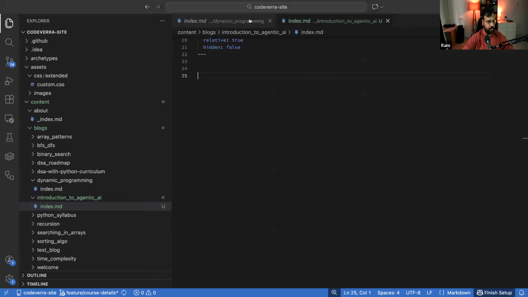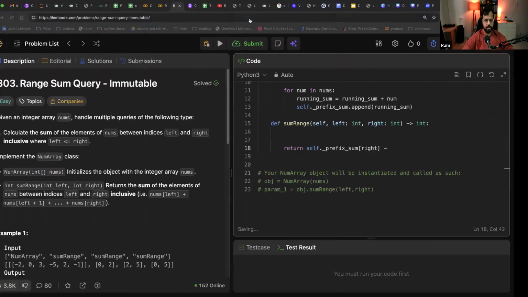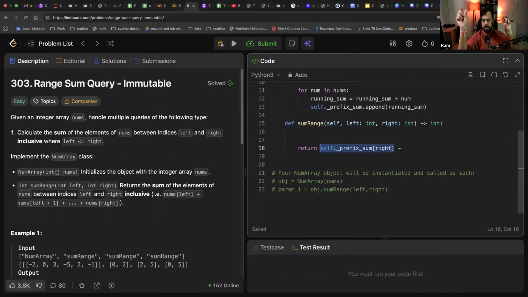So we'll come here and say, if the left is 0, then we'll take the right part.